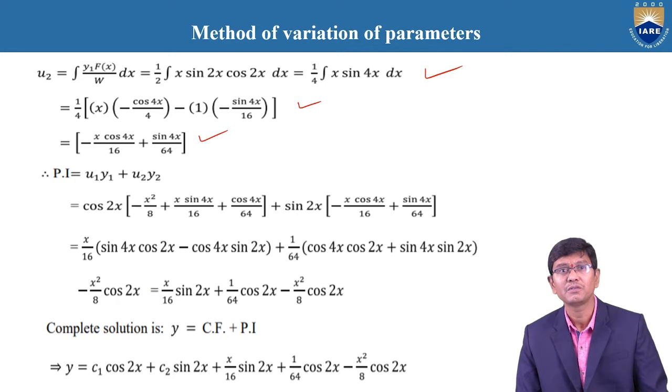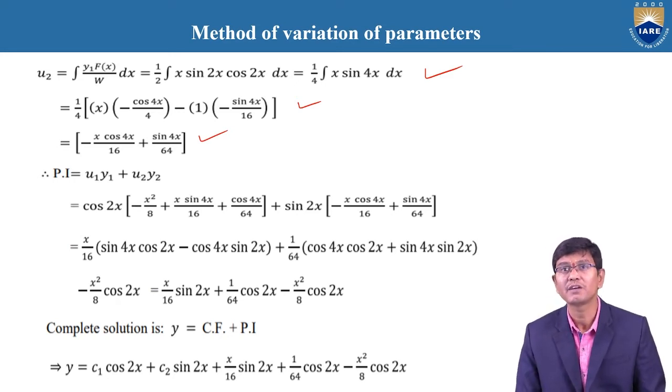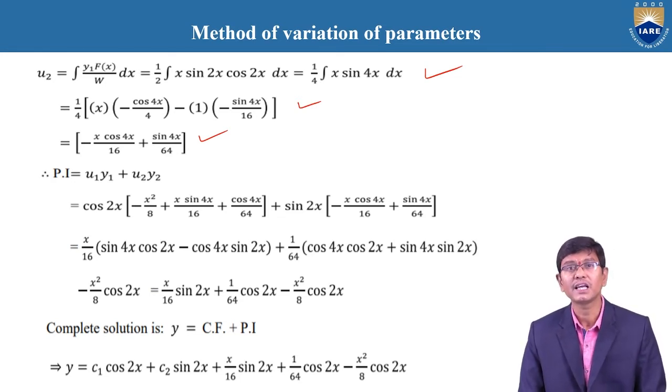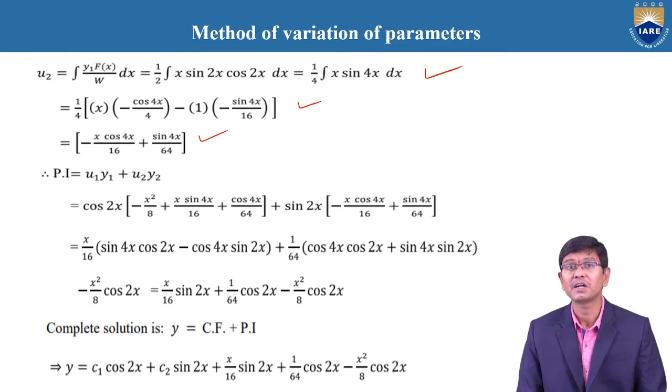Now we need to write the particular integration in the form u1 into y1 plus u2 into y2. Here u1 is clearly, as we already found, minus x square by 8 plus x into sin 4x by 16 plus cos 4x by 64, multiplied by y1, which is cos 2x, plus u2, which is minus x into cos 4x by 16 plus sin 4x by 64, multiplied by y2, which is sin 2x.